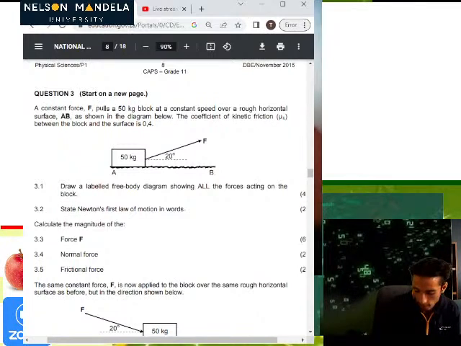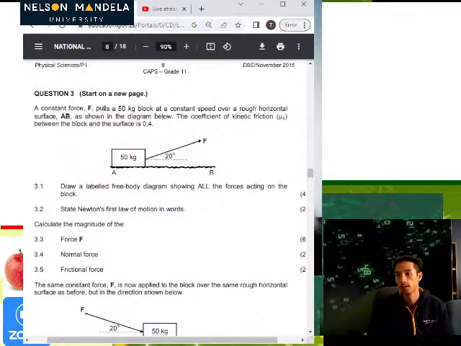Let me just emphasize that, and not a force diagram. For a force diagram, you would actually draw the block, but a free body diagram is usually represented as a dot.